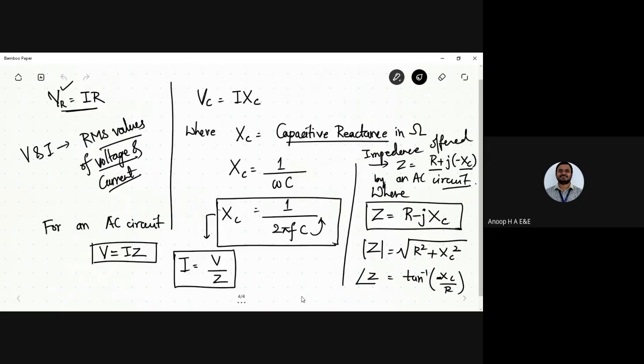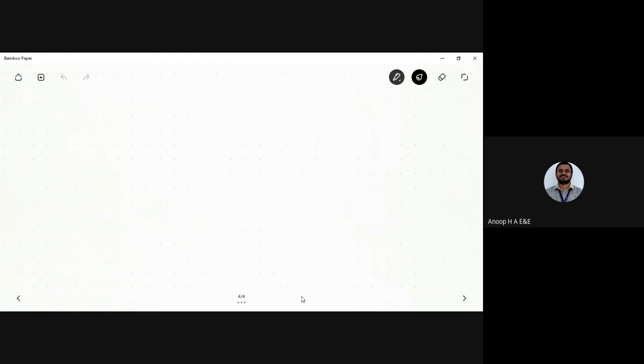Now I can have this impedance relation. I will be equal to Im sine of omega t plus phi, and V would be equal to Vm sine omega t. So this is equation 1 and this is equation 2.